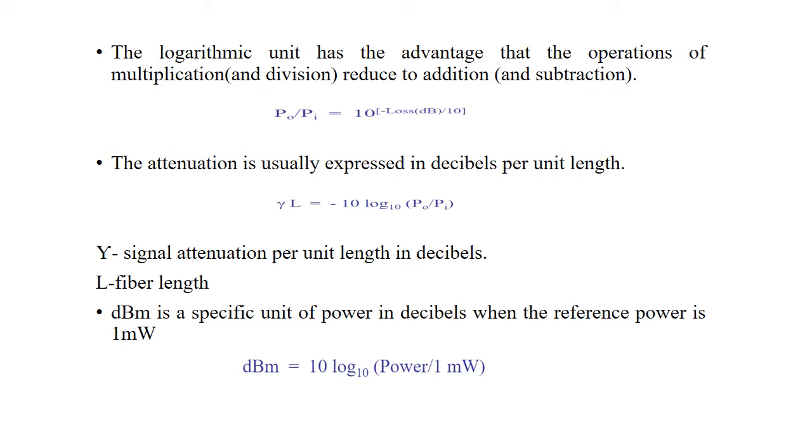The dBm is a specific unit of power in decibels when the reference power is 1 milliwatt. That is, dBm is equal to 10 log base 10 of power divided by 1 milliwatt.